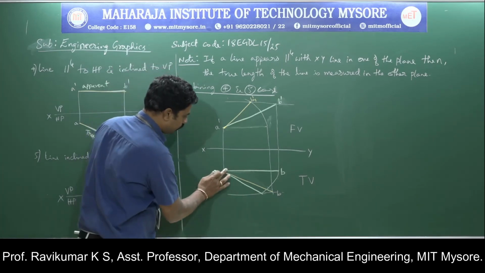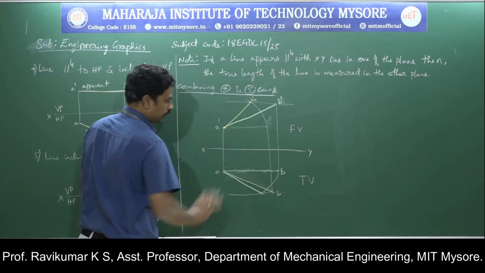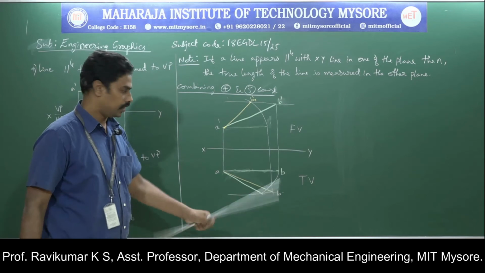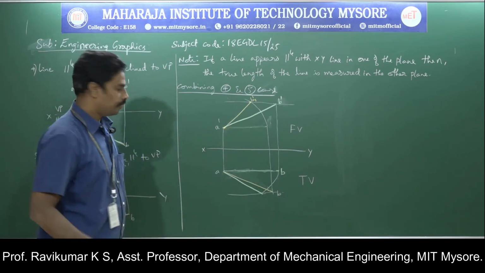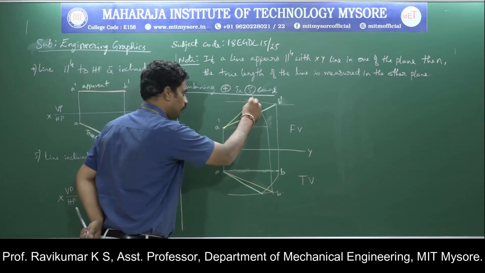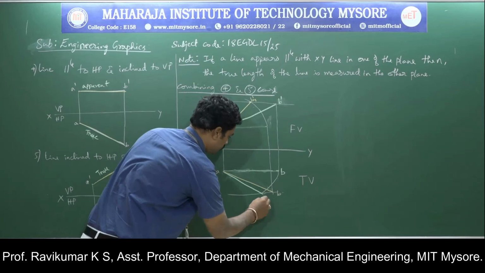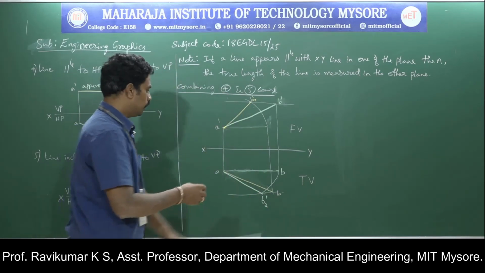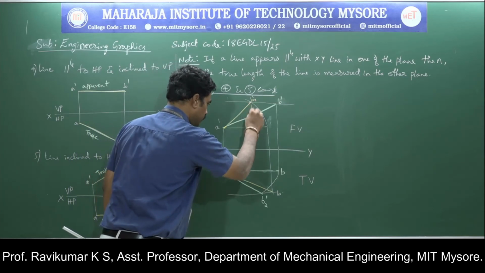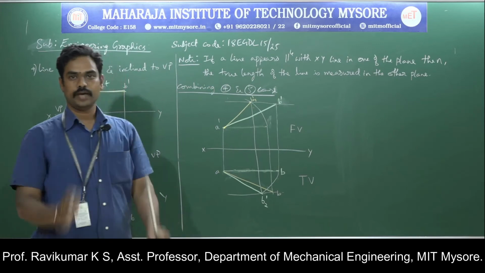Now I can reduce the thickness because it is not representing the line. This is just a construction line after tilting. Now for the confirmation, you just drop a line from B dash to this point, which can be called B2 dash. If you drop a line from B1 dash to B dash, B2 dash, this should be the same line.